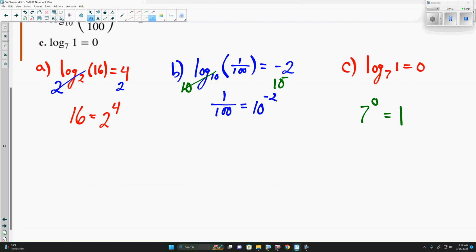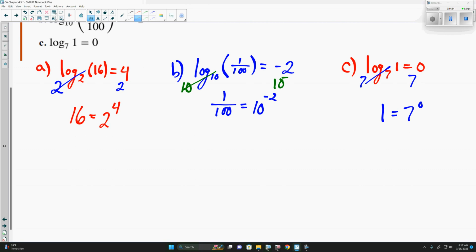And we could have flipped it. We could say 10 to the negative 2 is equal to 1 over 100. But it's the exact same thing. And the last one is we can put both sides to the base of 7. So 7 to the log base 7 simplifies out, leaving us with just 1 is equal to 7 to the 0.